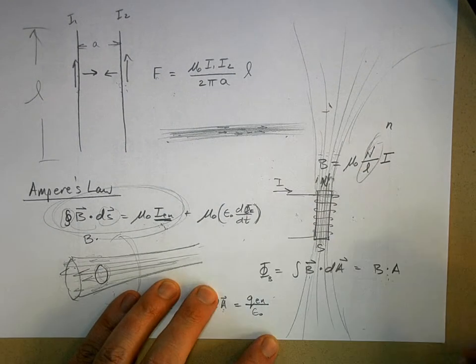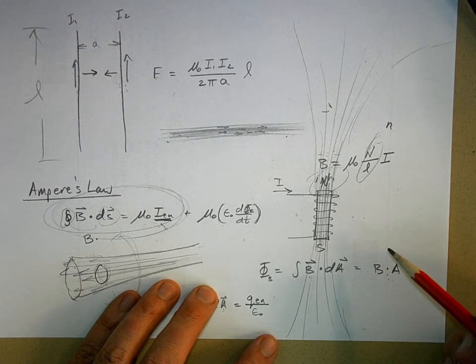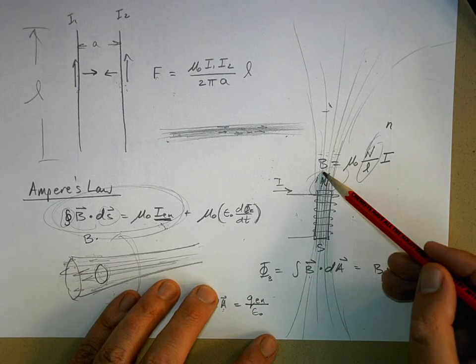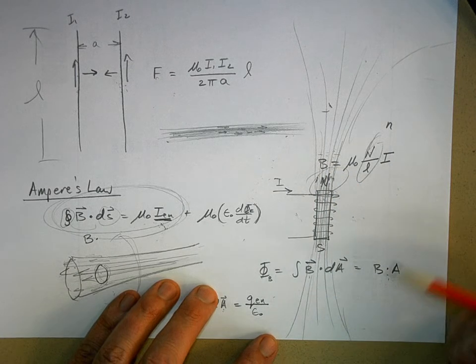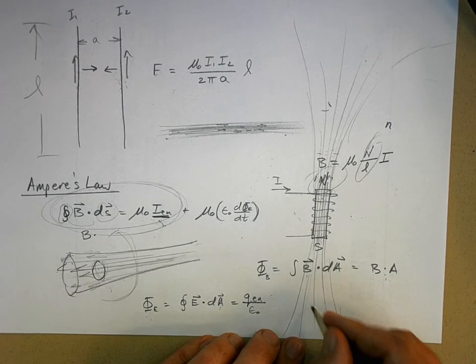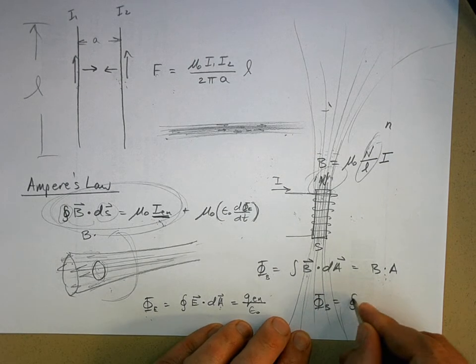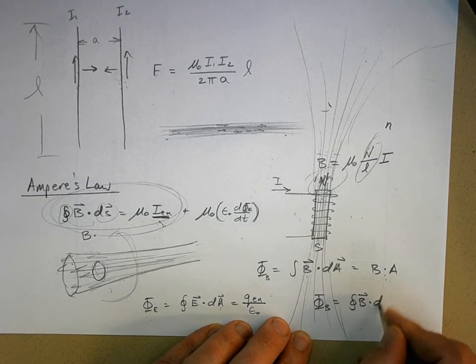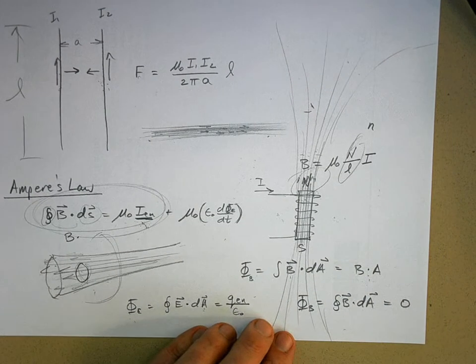You can't enclose a North Pole. All you can do is create a new North Pole and a new South Pole. So in other words, if you enclose a space, the magnetic flux is always going to be 0 net flux.